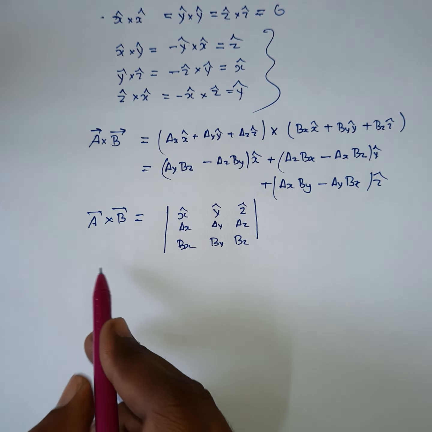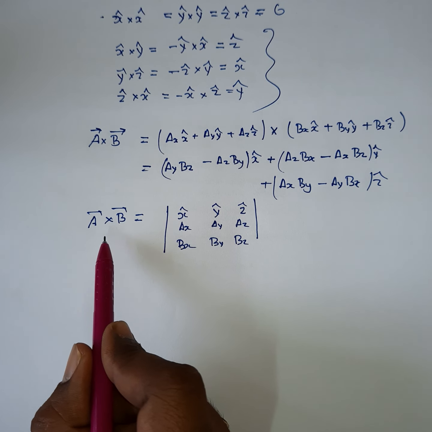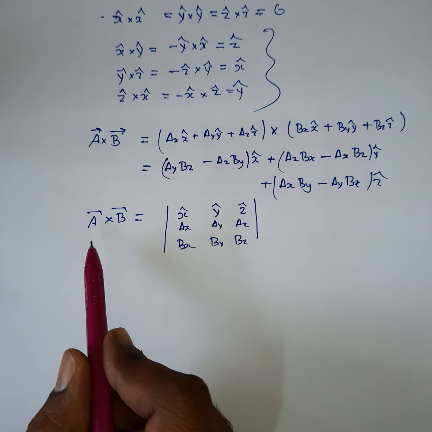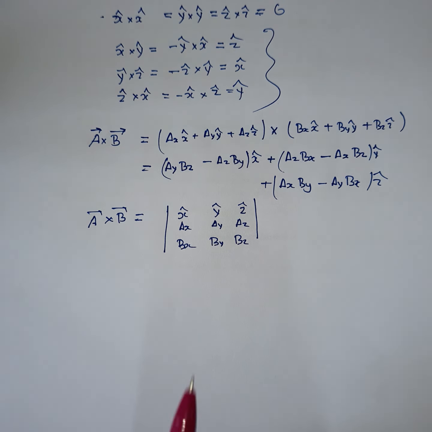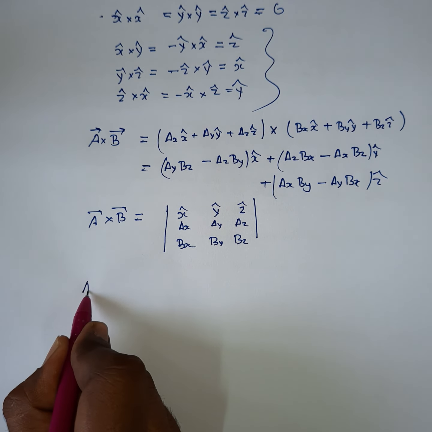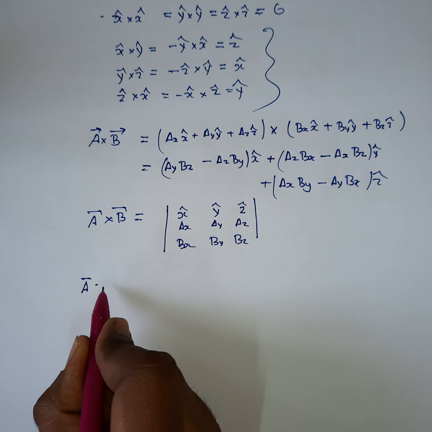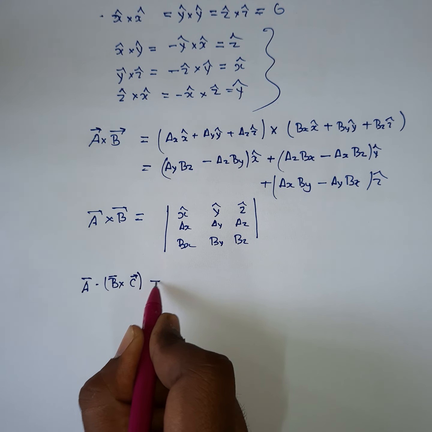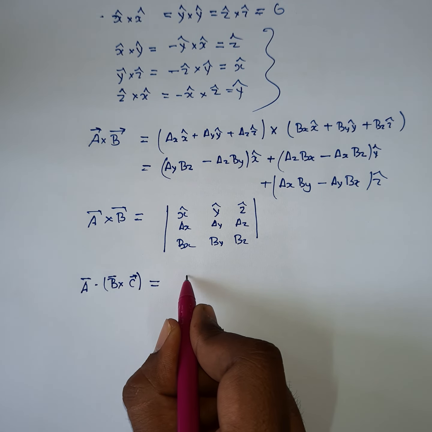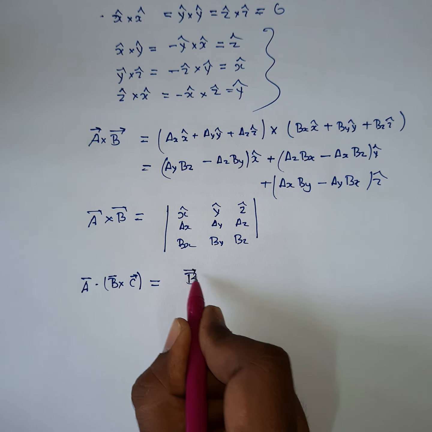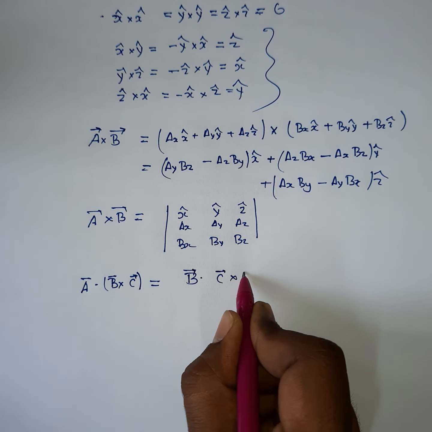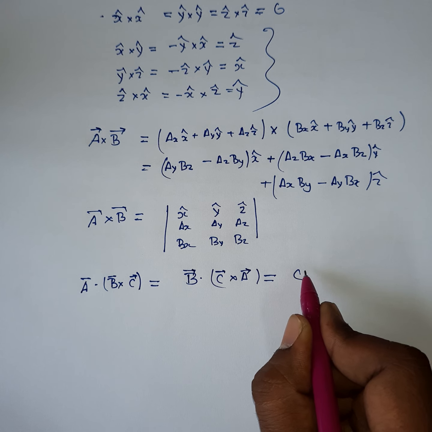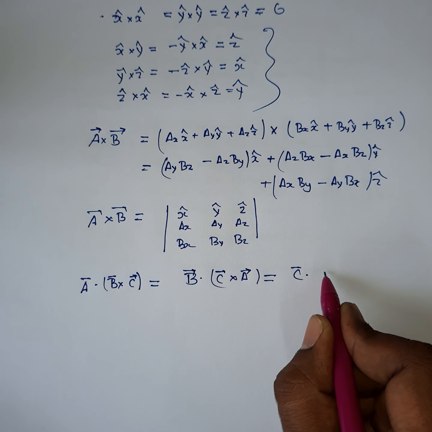Now since we have seen here that the cross product of two vectors is itself a vector, it can be dotted or crossed with a third vector to form the triple product. So you can take the dot product with the cross product of two vectors, and it can be written as b vector dot c vector cross a vector, following the rule. We have done these exercises in intermediate, but I am just writing the relation.